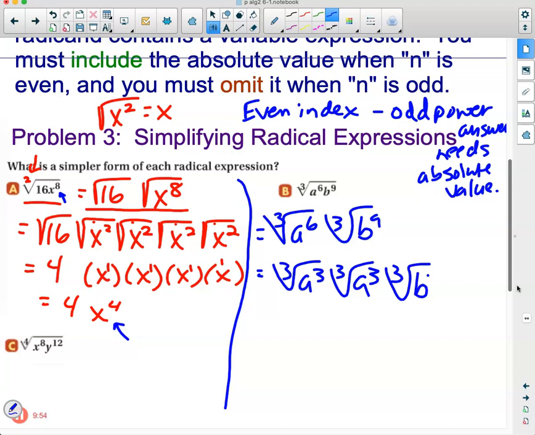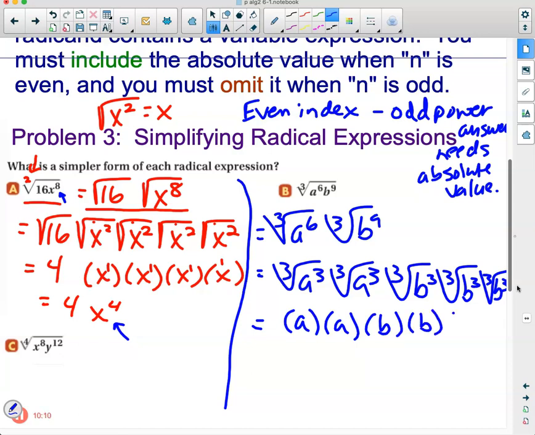And then we'll do the same thing with the b's. B to the third, B to the third, B to the third. That's 9 of them. And that will give us A times B times B times B.